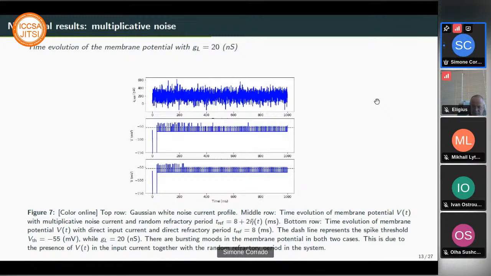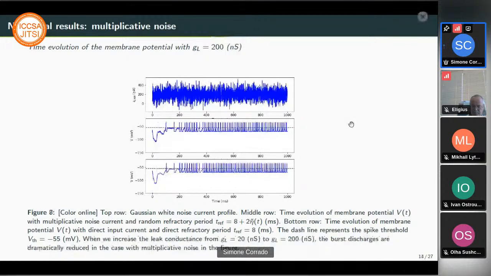And the last row is effectively the evolution of membrane potential with the direct input current and refractory period. This line, by the way, represents the spike threshold. You may recall that the leaky integrate-and-fire model contains a threshold that you have to set up, and here the characteristics are given. So the threshold potential is like this.